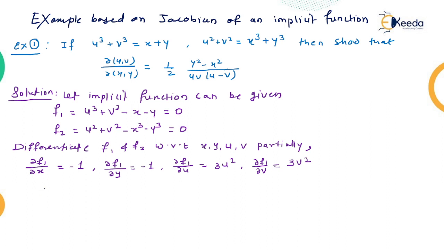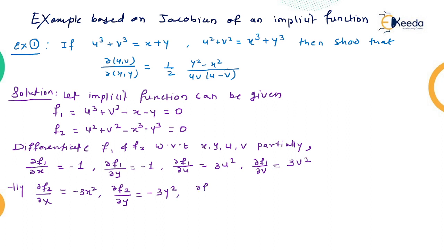I hope you understand this. Similarly, dou f2 upon dou x takes the value minus 3x square, keeping other variables constant. Dou f2 upon dou y, differentiation of f2 with respect to y partially, gives minus 3y square.